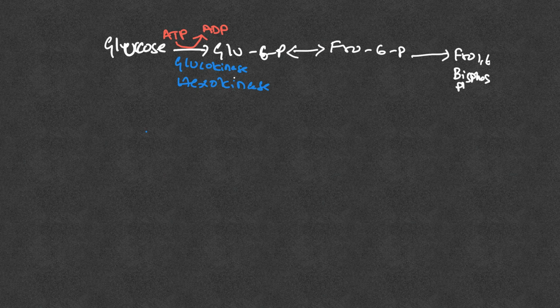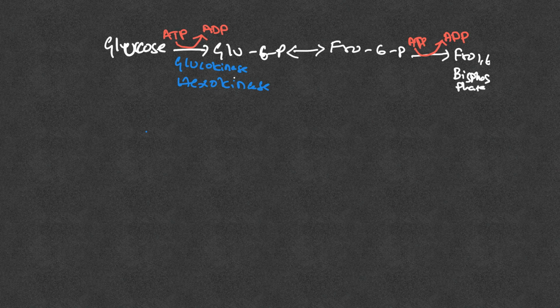That's the third reaction, and it is an irreversible reaction. In this reaction there is again a requirement of ATP. One more ATP is needed to make sure that this reaction goes in a forward direction, so ATP is broken down into ADP. There is consumption of one ATP there.